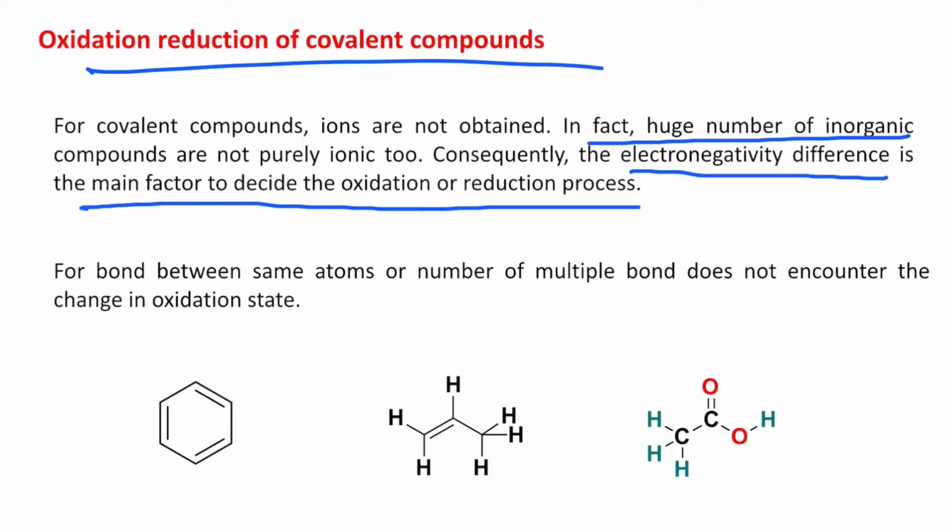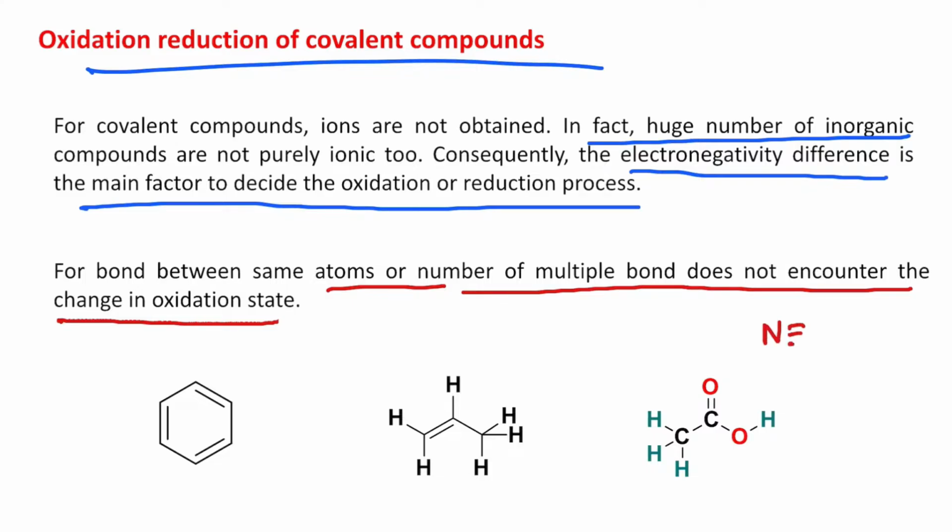in carbon based chemistry, if you check for bonds between same atoms, or number of multiple bonds, it doesn't change the oxidation state. For example, if I say nitrogen-nitrogen triple bond, you will say no issue, 0 0. If I say fluorine-fluorine single bond, 0 0. But what about carbon-carbon single bond? 0 0, same element, no issue.